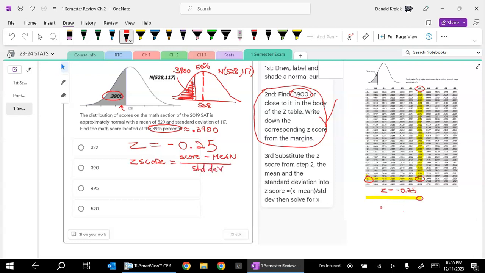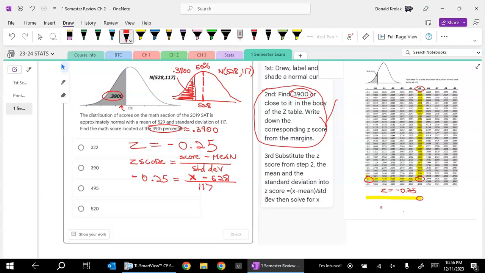Okay, so I know three of these numbers. I know the z-score, so I can replace it with negative 0.25. I don't know the score. That's what I'm trying to find, so that's x. Okay, the mean is 528, and the standard deviation is 117.